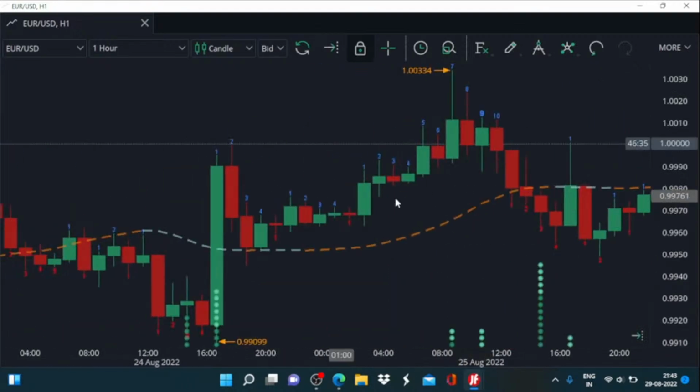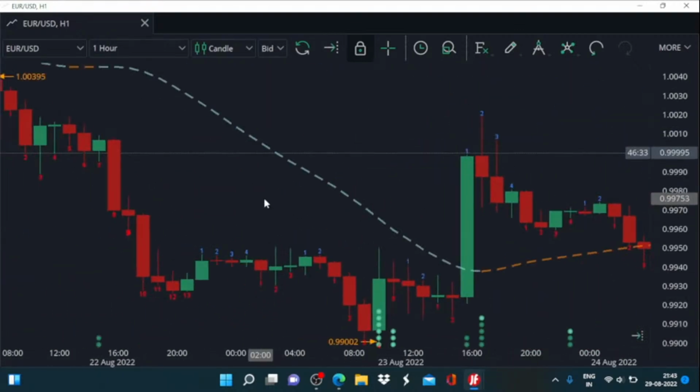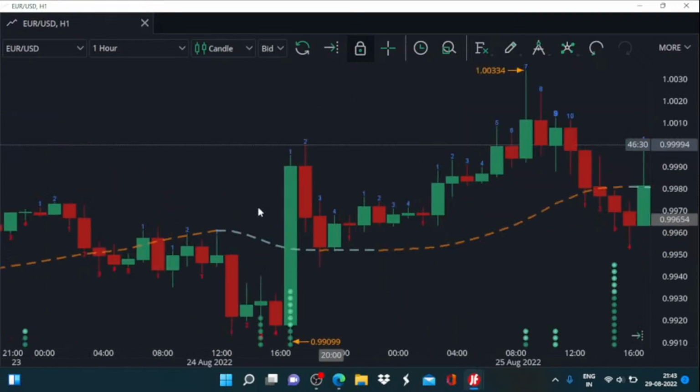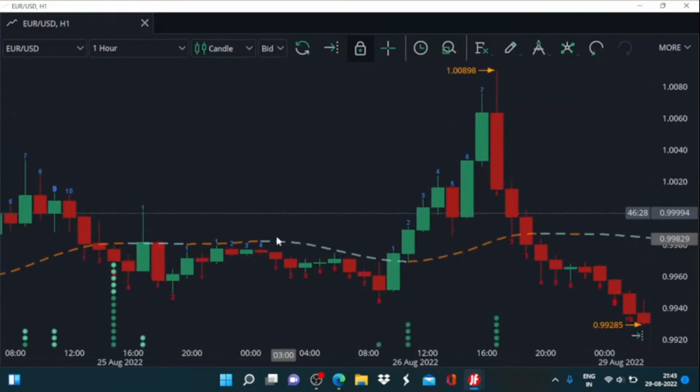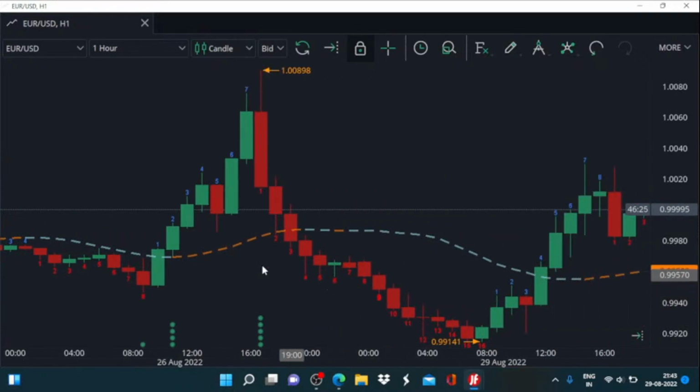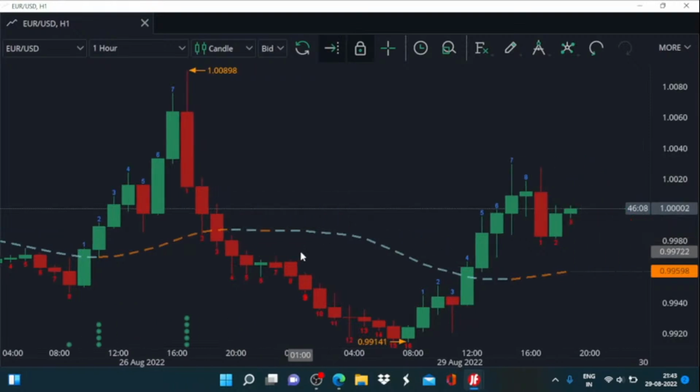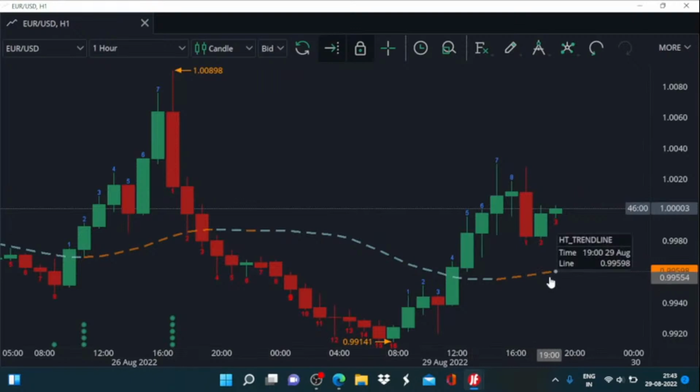So here we have this HT trend line, and it is looking quite simple to make the assessment of the market phase. Here we had this bullish phase, so the HT trend line was accurately showing us that we would have done well to go long, and after it declined below the HT trend line output value, it then changed gear towards the bearish formation, and here in today's session again it is trying to get back in the bullish phase.